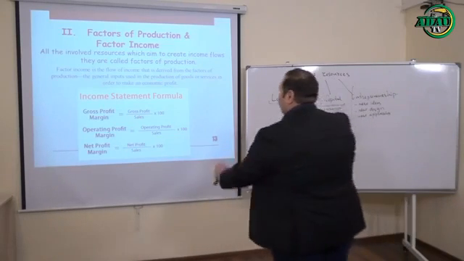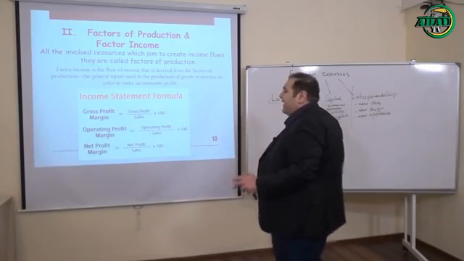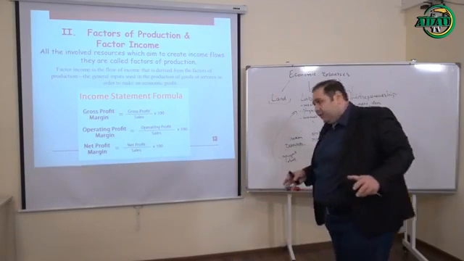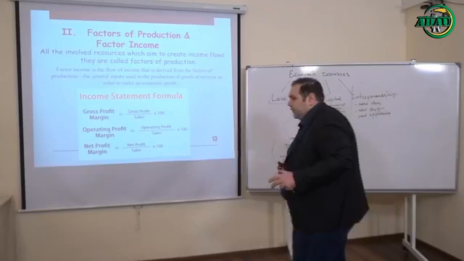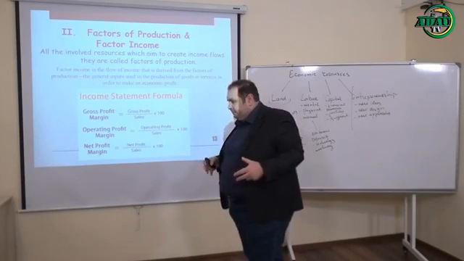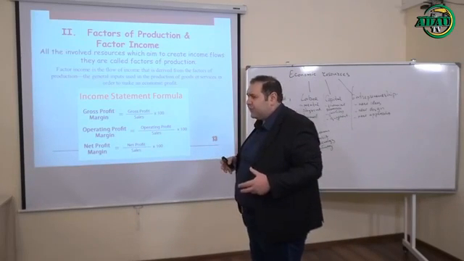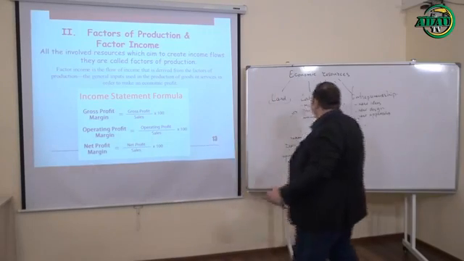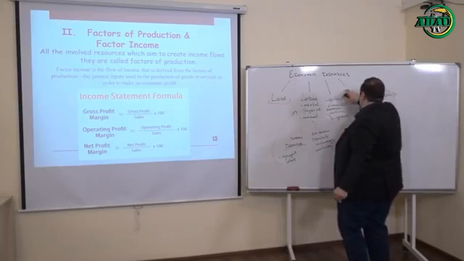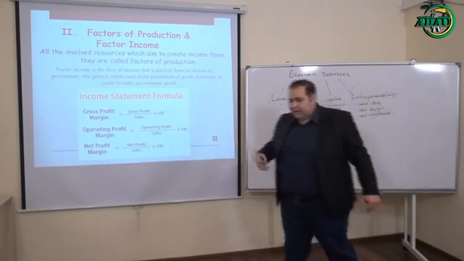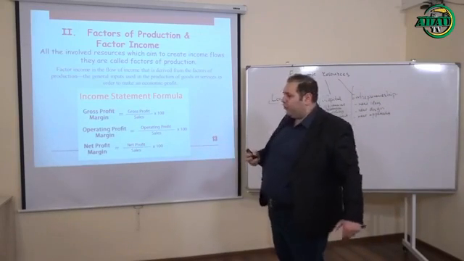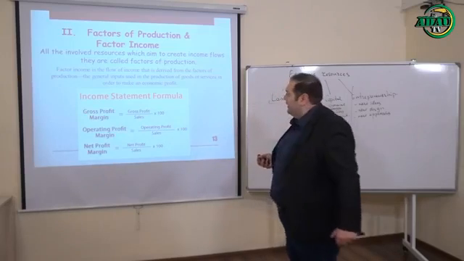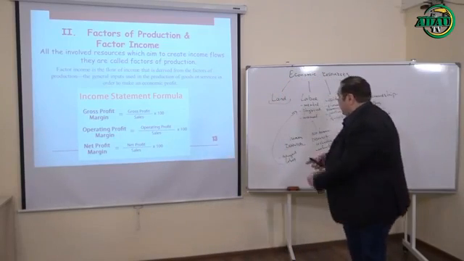All the involved resources have the main aim of creating income flows. Why do you produce any goods and services? Because to get the incomes. So all these economic resources are focused on creating the income flows, and they are called the factors of production.